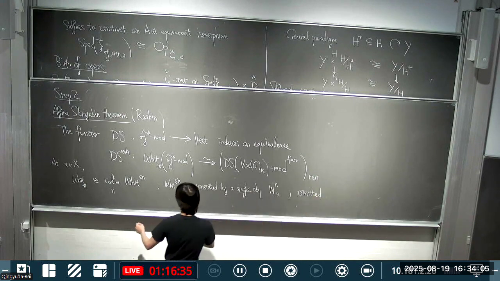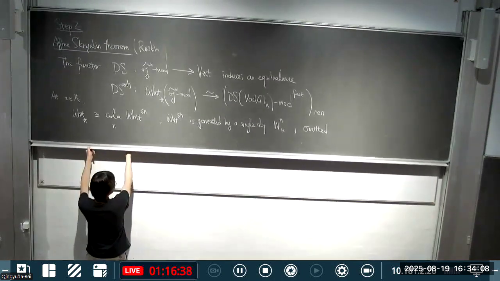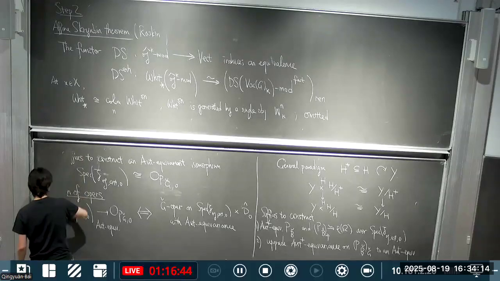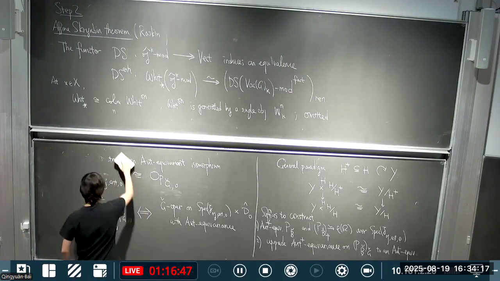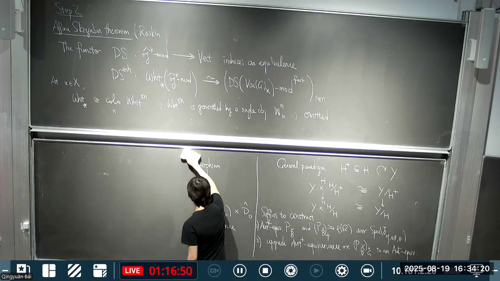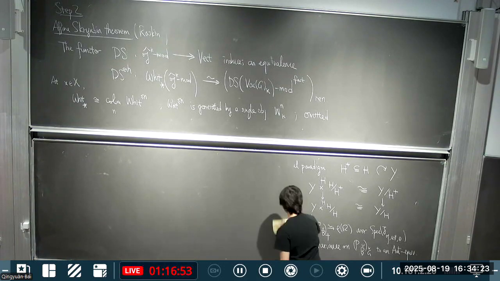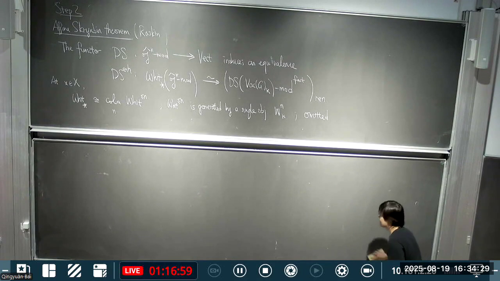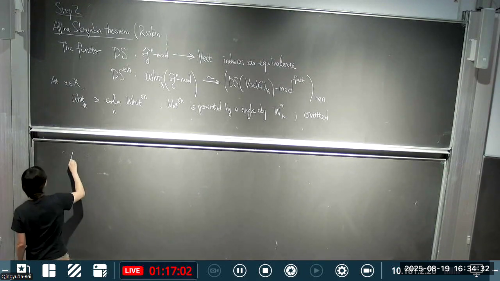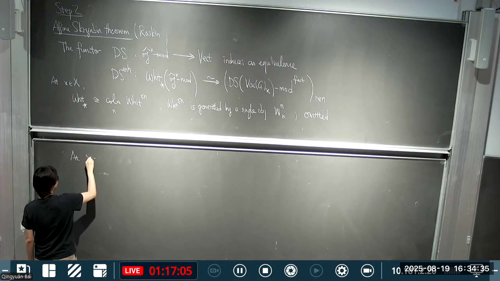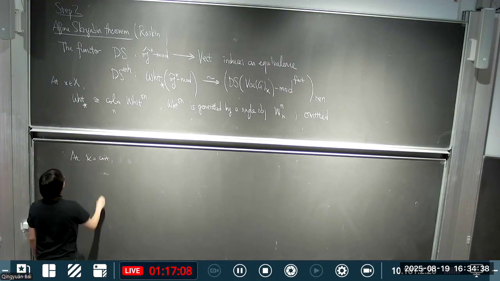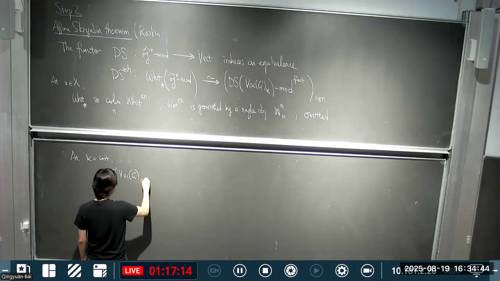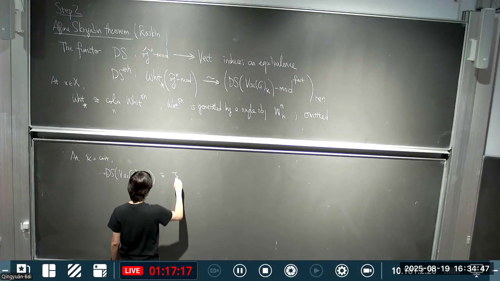And so let me say one thing in particular about the critical level, which I think you will need. One thing particular about the critical level is that this DS of the vacuum is isomorphic to the Feigin-Frenkel center as a factorization algebra.